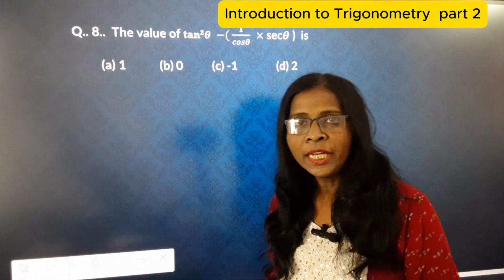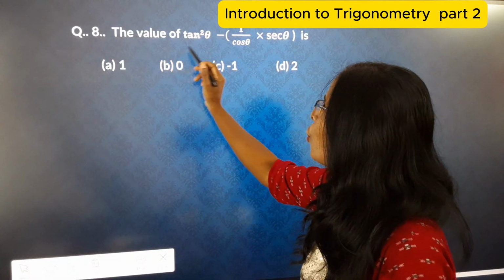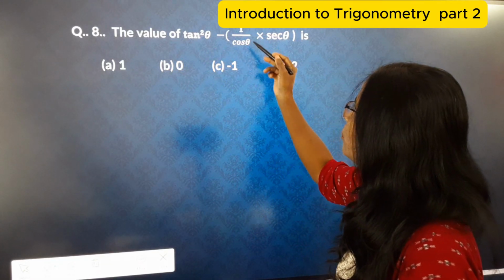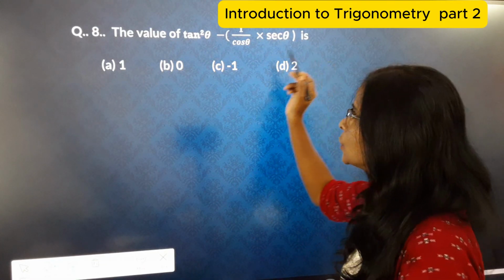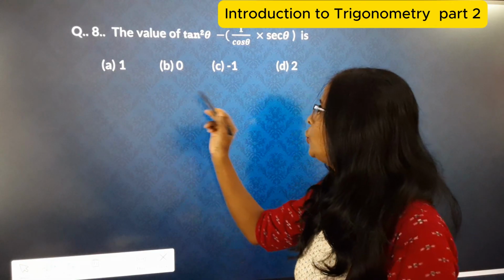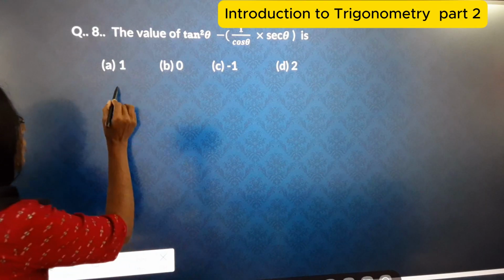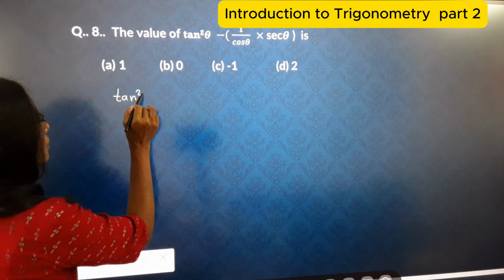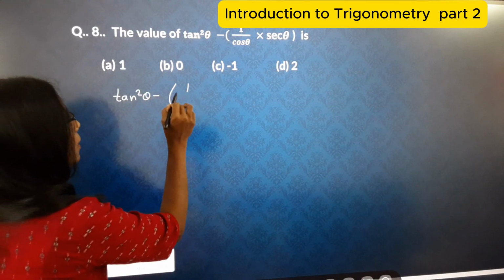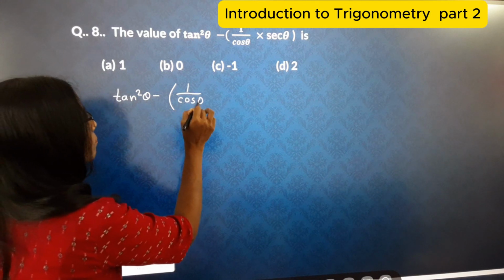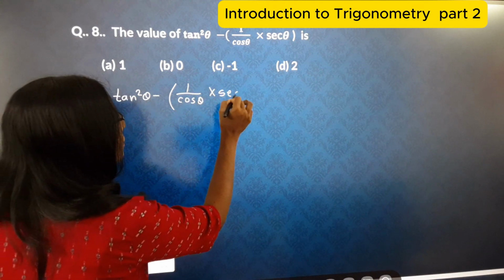Next question, students. The value of tan square theta minus 1 upon cos theta multiply sec theta is, options are 1, 0, minus 1, 2. So now here we have tan square theta minus 1 upon cos theta multiply sec theta.